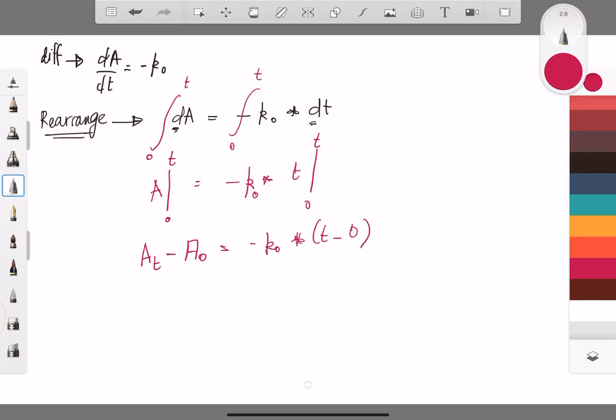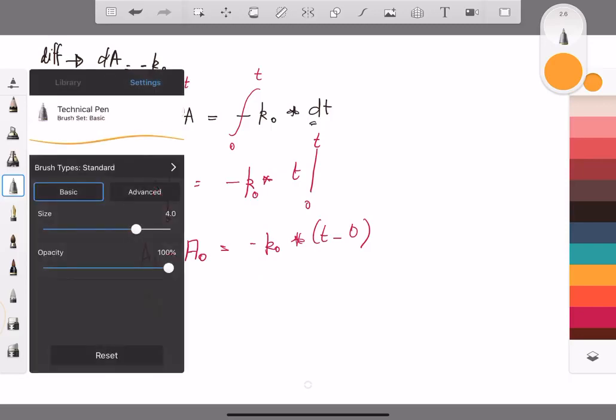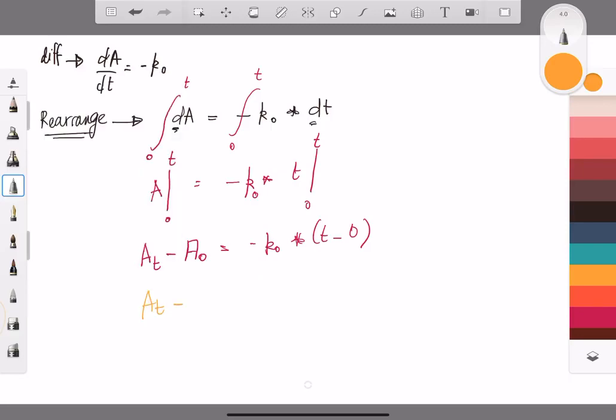Okay, so at the end, you will have A at time t minus A at time 0 equals minus k naught multiplied by the time. If we have A at time t on one side, it will be A naught minus k naught multiplied by the time t.